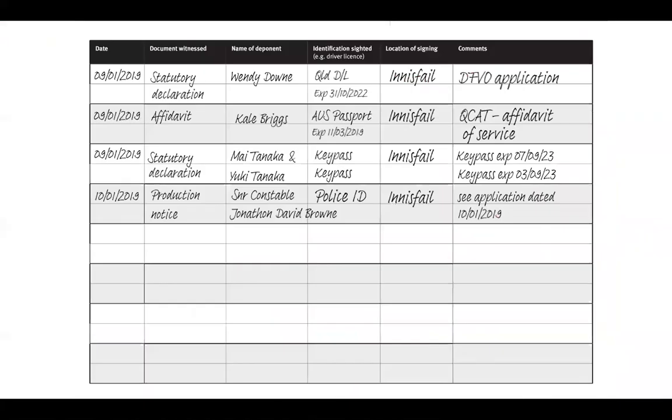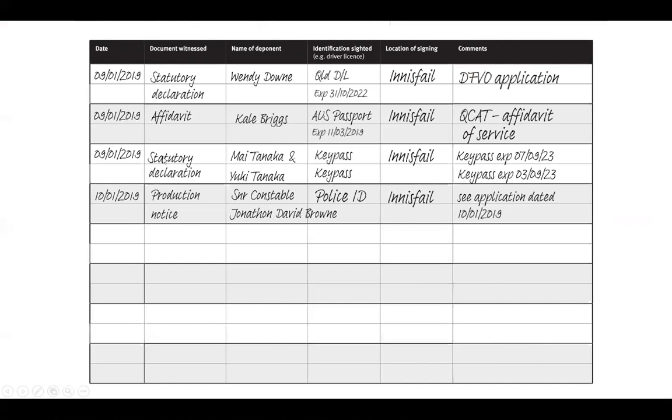Now here's an example of keeping records of witnessing transactions. However you decide to record your witnessing, it's best practice not to record any personal identifying particulars. That includes driver license numbers and passport numbers. You can see here our resident JP Olive.